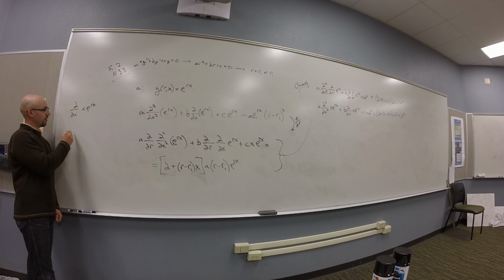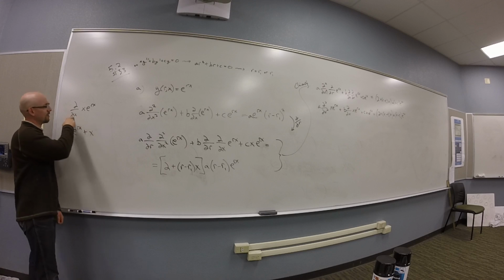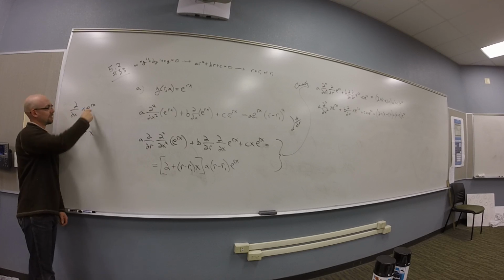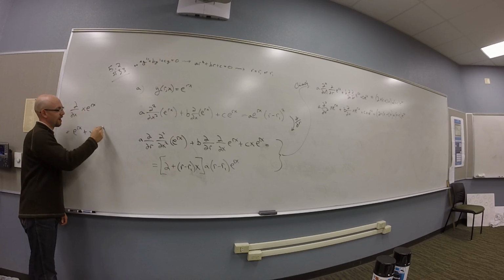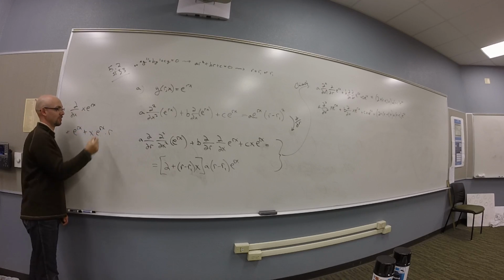So you do the derivative of the first thing, which is 1, times the second, so you got e to the rx, plus the first thing, x, times e to the rx times the derivative of rx, which is r.